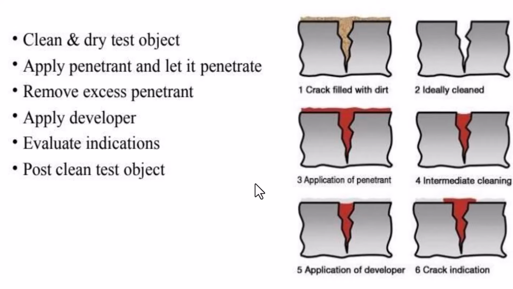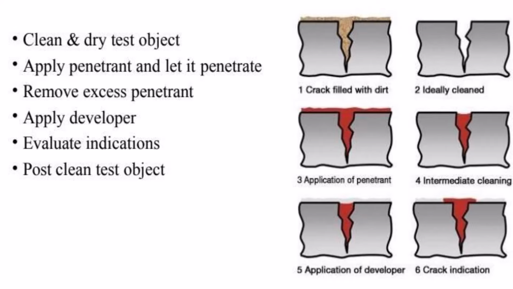Then we apply the developer over the surface of the component. The developer draws color or penetrant from the crack. You can see that due to capillary action, the penetrant comes out in this region when we apply the developer.